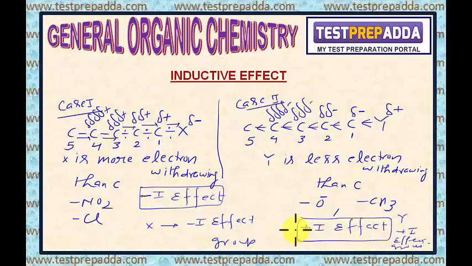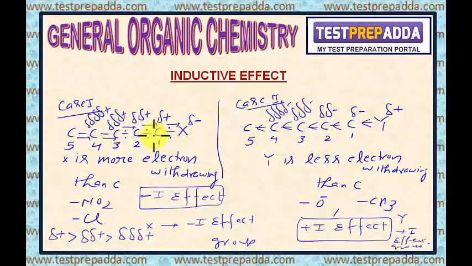My point is clear. Another thing, look at these partial charges. If you compare these partial charges, this delta plus is greater than this, and this way, what can you say? As you move away from the attached group along the carbon chain, the inductive effect decreases.